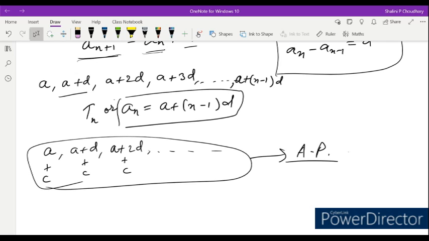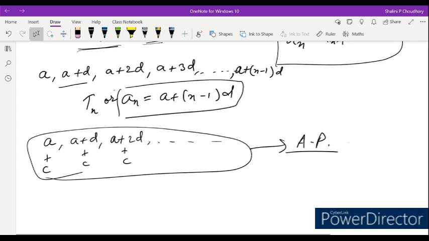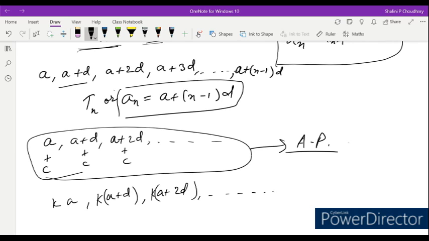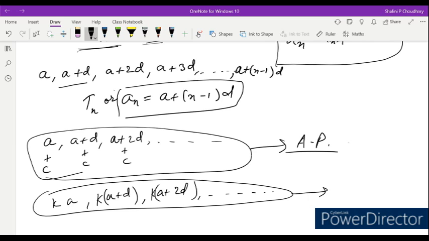And if each term of an AP is multiplied by any constant k, we get ka, k(a plus d), k(a plus 2d). This way, if we are multiplying by any constant, then the resulting sequence will also be in AP.